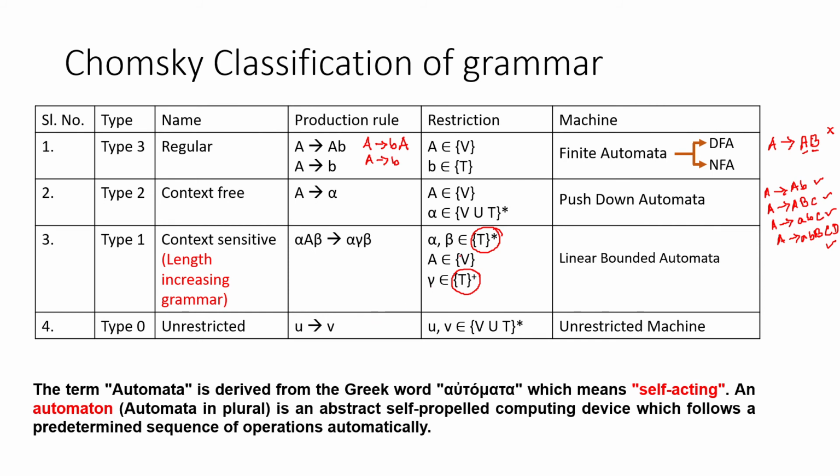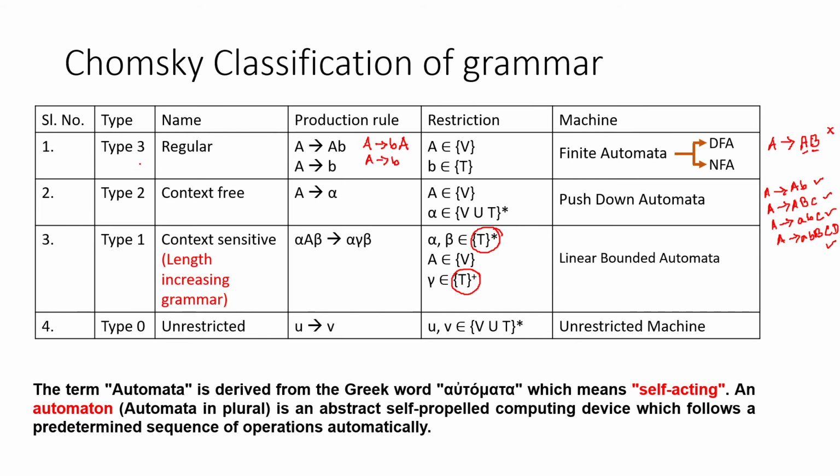Here this restriction is still loosened down in the left hand side, because U belongs to (V union T) whole star. That means any combination of terminal and non-terminal, also in the right hand side. So if you closely try to make a comparison between these four different types of grammar, what you will see?